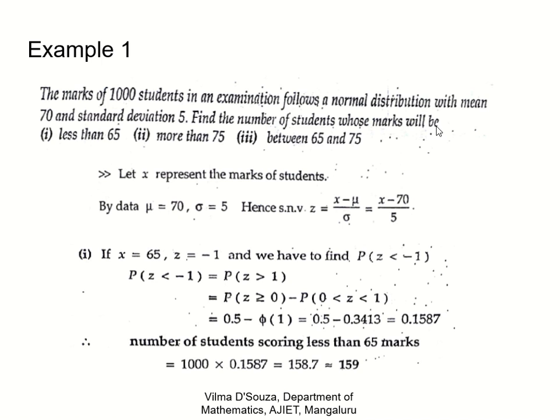So according to the problem, you have to find P of X less than 65, which is equivalent to P of Z less than minus 1. Less than minus 1 means it is from minus infinity to minus 1.